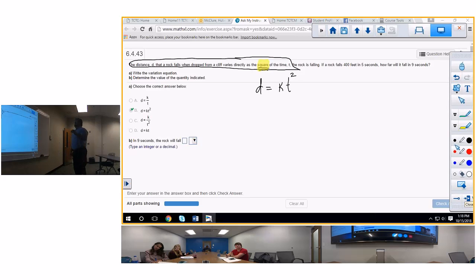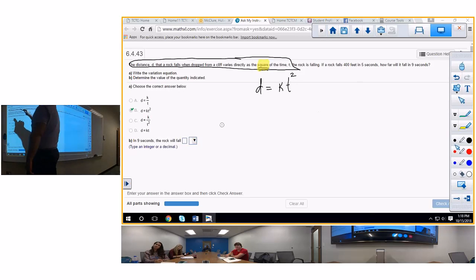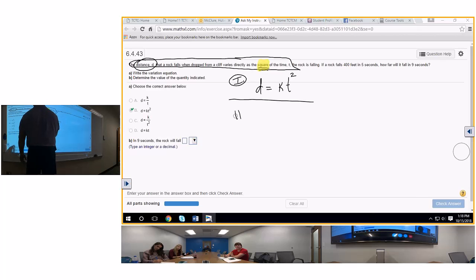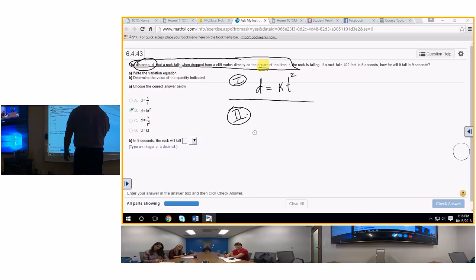The rock is falling. If a rock falls 400 feet is what? The distance. So that's this part one. And I hate to be repetitive, but this is the same way you're going to do it on the test. And these are test questions. So 400 equals k times 5 squared.